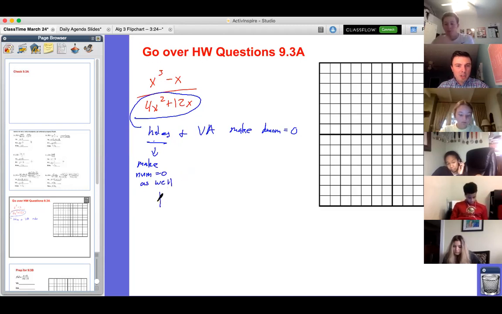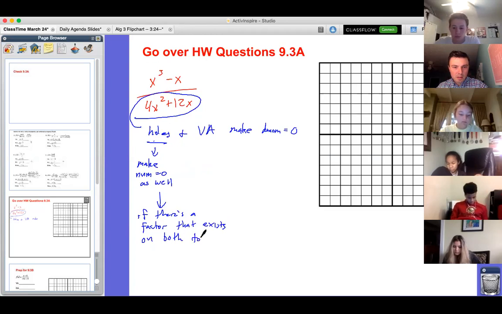And the way that you can check to see where holes come from is if there's a factor that exists on both top and bottom, so then it cancels out.